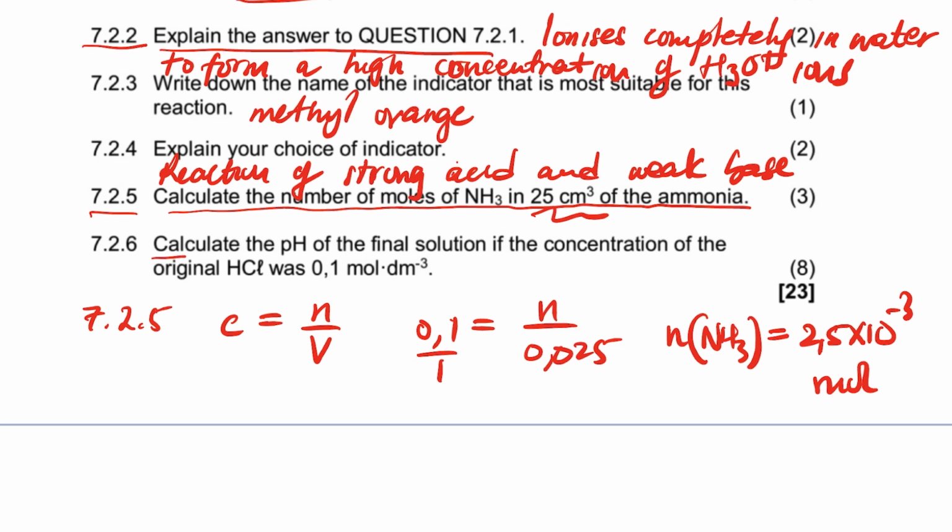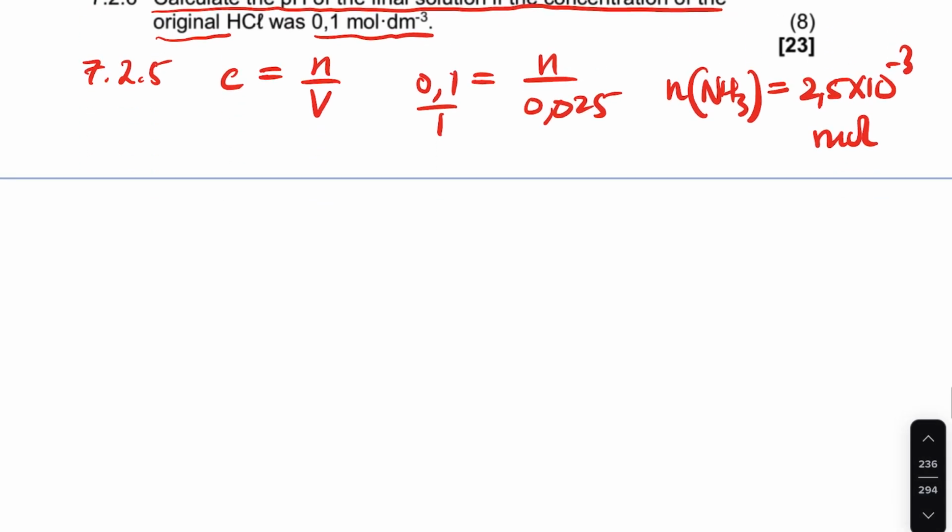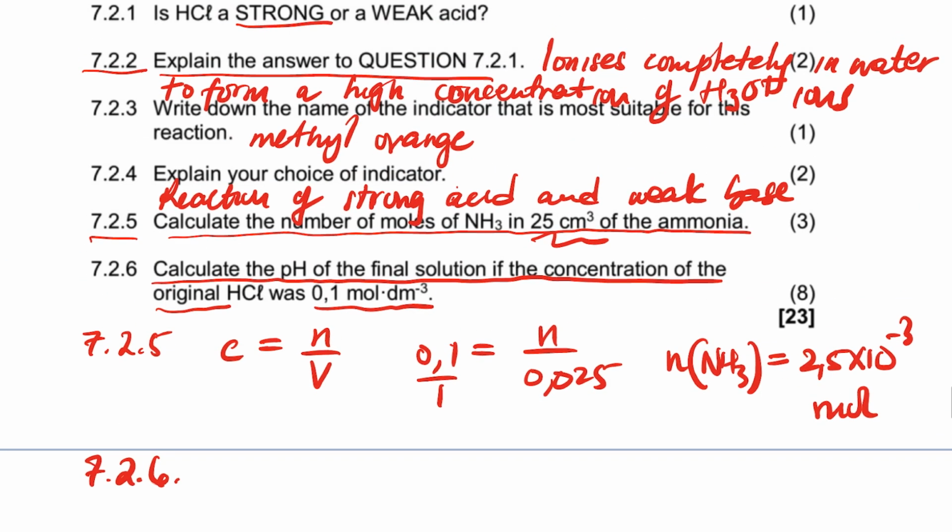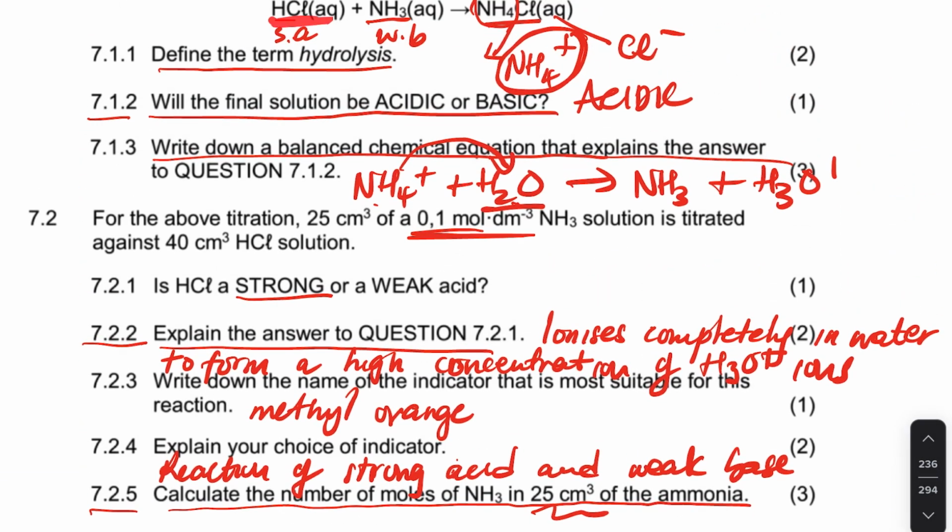Now the last question, it says calculate the pH of the final solution if the concentration of the original HCl was that. So guys, in 7.2.6, we have to calculate from, isn't it that the acid is titrated with this, right?